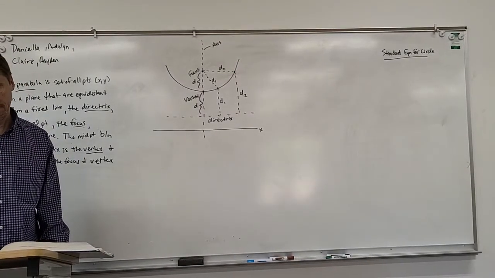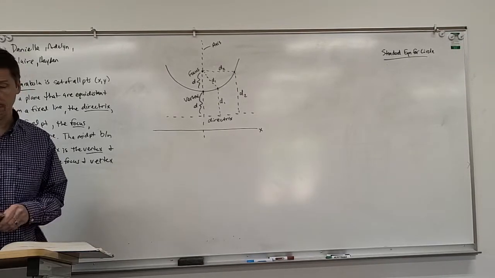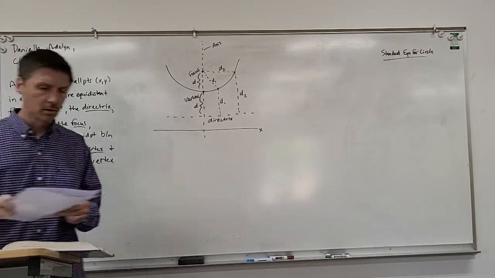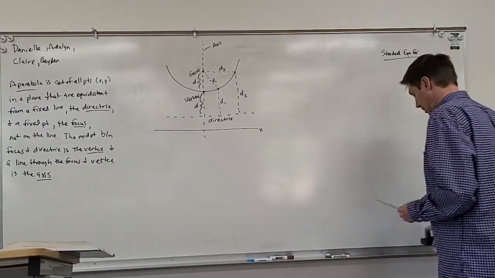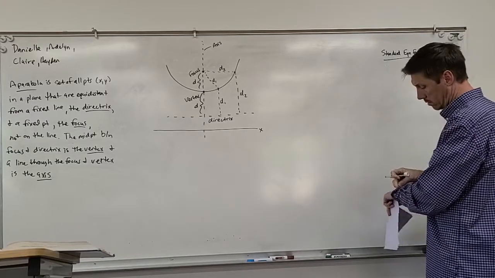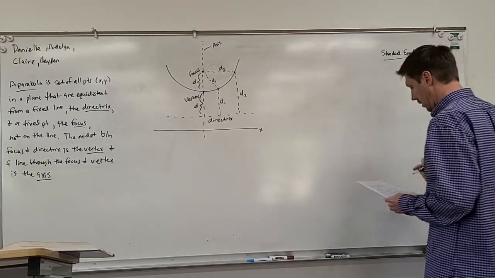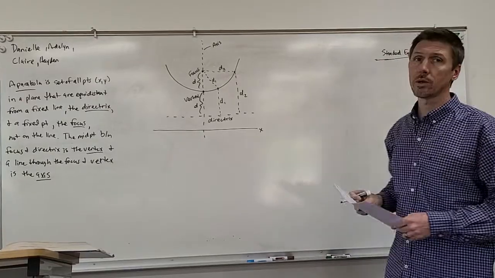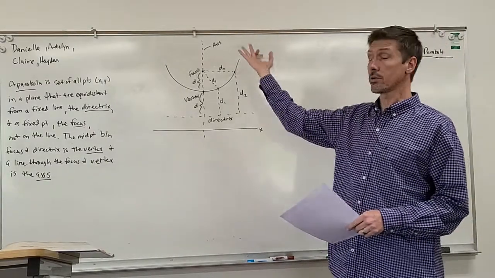Now, well, let's do the standard form, the standard equation for a parabola. And we've got two different equations here depending on whether or not our parabola opens upward or downward.